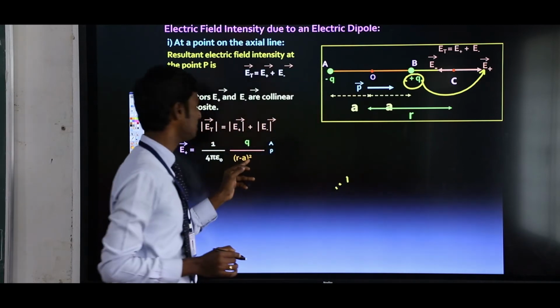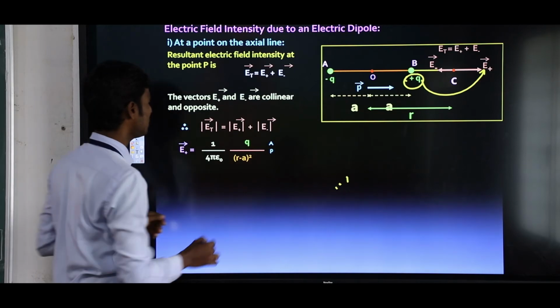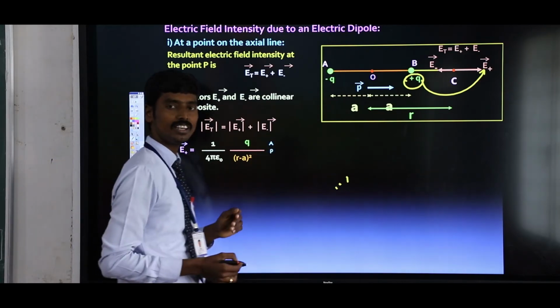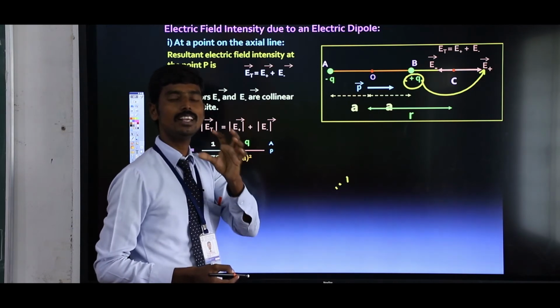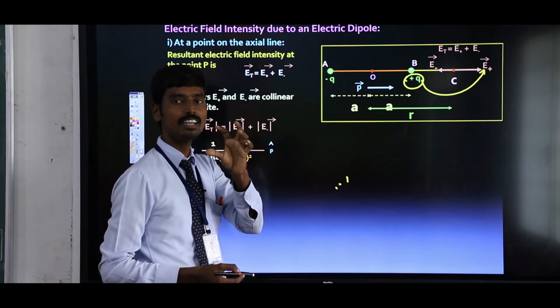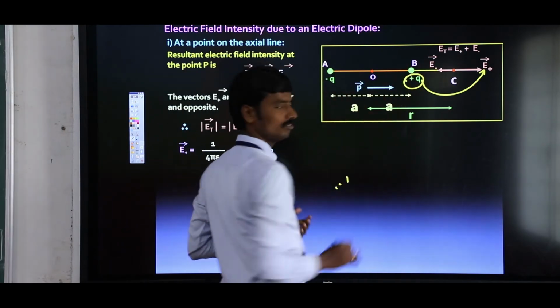So here (r minus a) whole square. This is our formula. The next one, p cap, is the unit vector, which you already know very well. P is the electric dipole moment vector, which always goes from minus q to plus q.